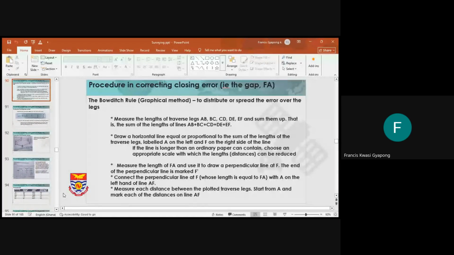Now let's go on to CD. Procedure. On your diagram, you measure CD. CD, I am getting 2.